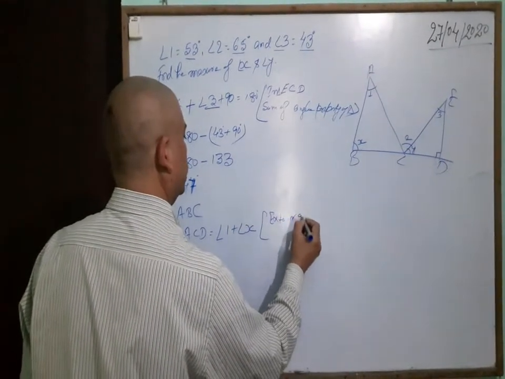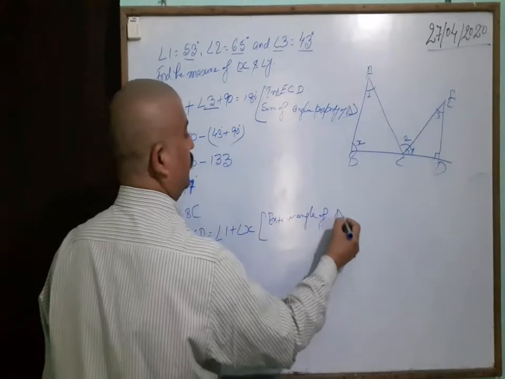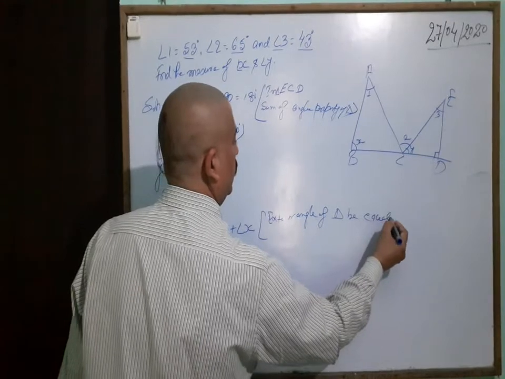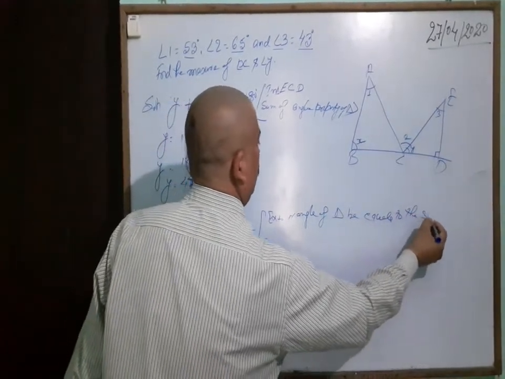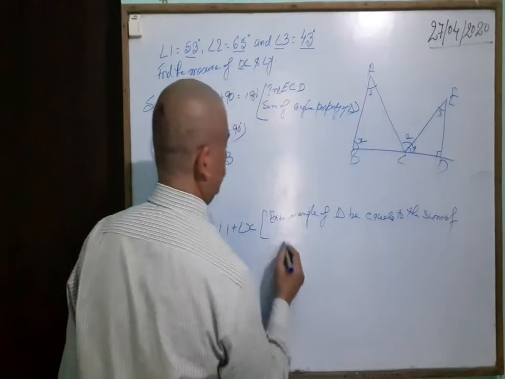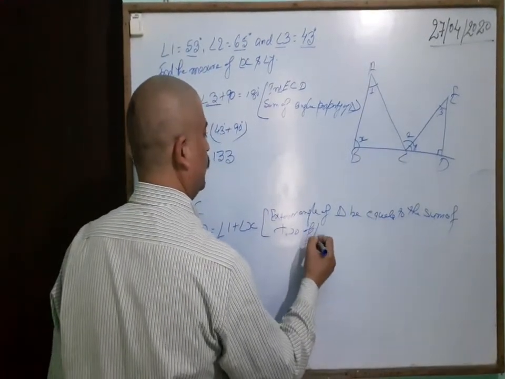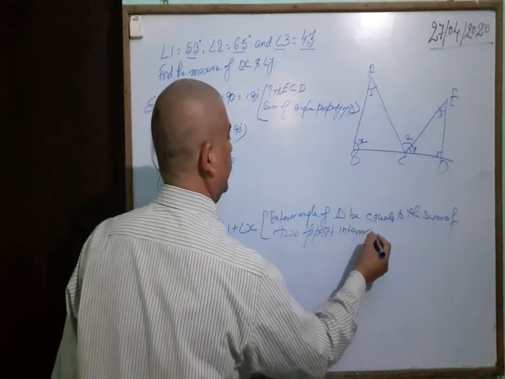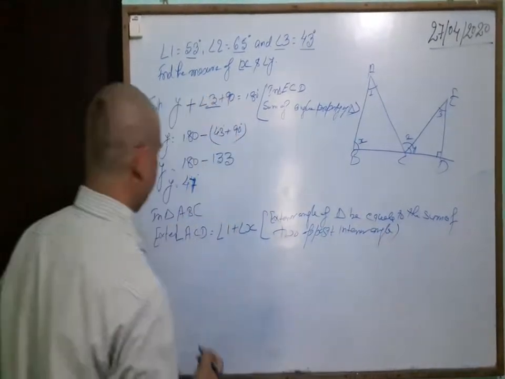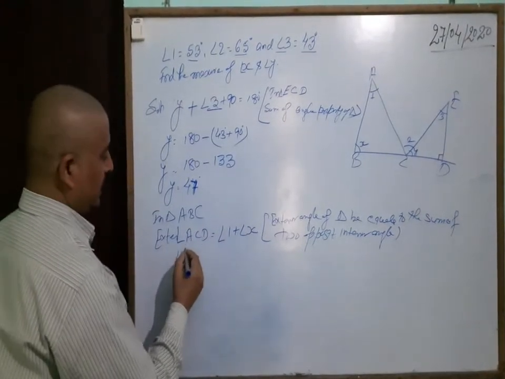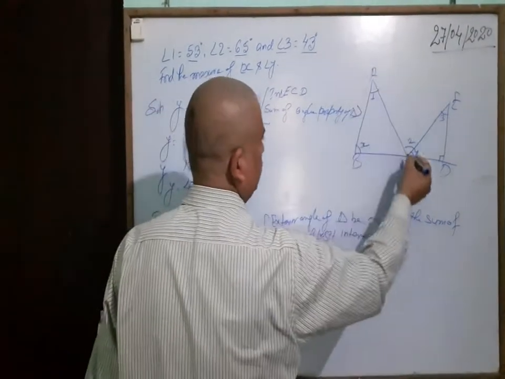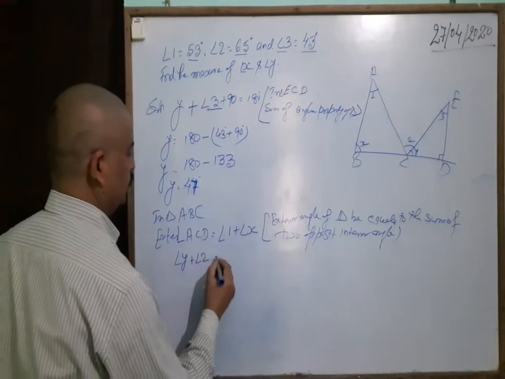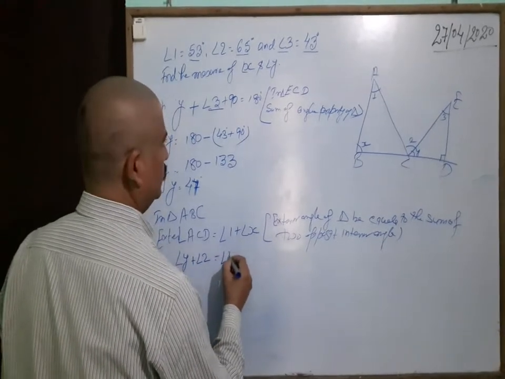The exterior angle of a triangle equals the sum of the two opposite interior angles. So angle ACD equals angle y plus angle 2, which equals angle 1 plus angle x.